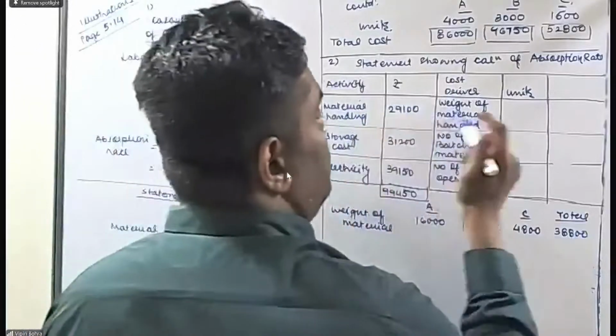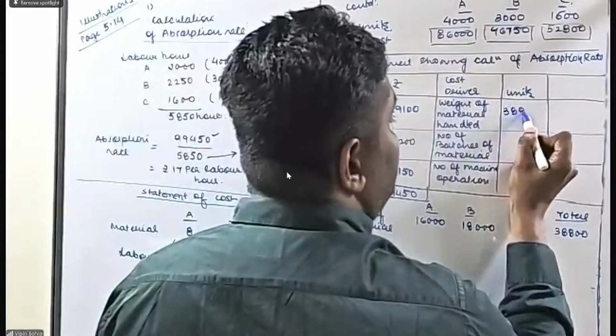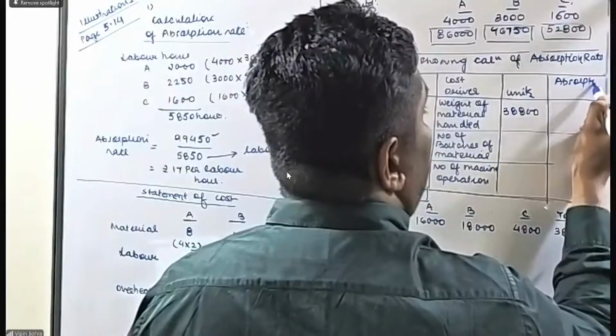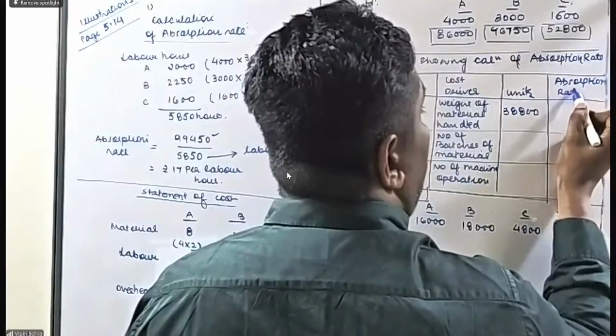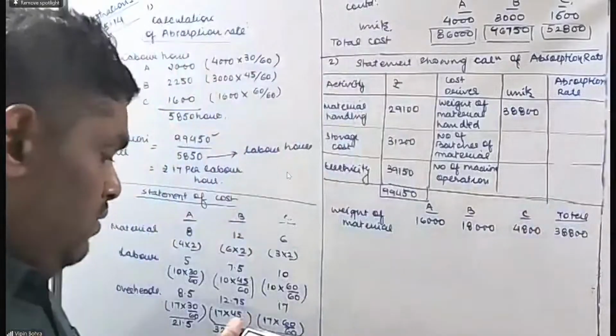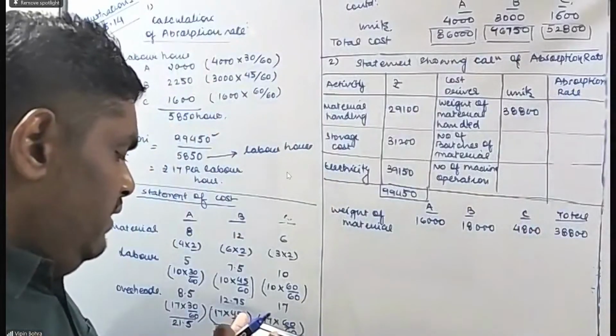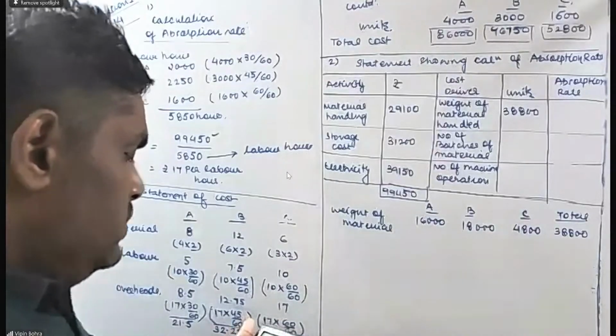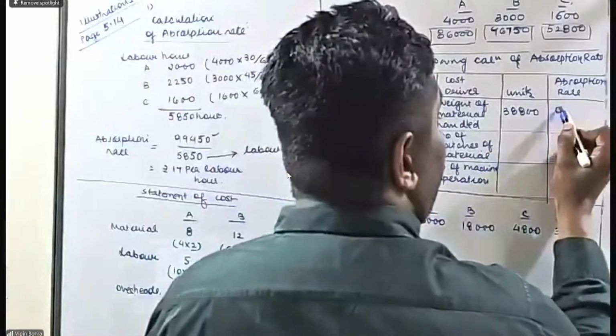So herein, the weight of material handled is 38,800. So my absorption rate will be 29,100 divided by 38,800. So it will be 0.75.